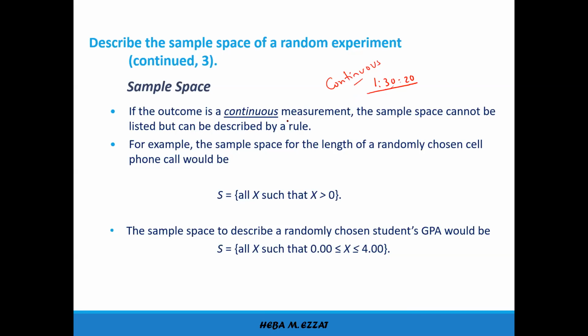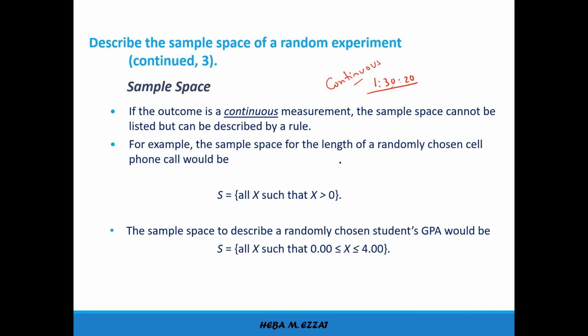In this case, the sample space cannot be listed because we have an infinite number of possible outcomes that can be included in the sample space. So we can describe it in words.